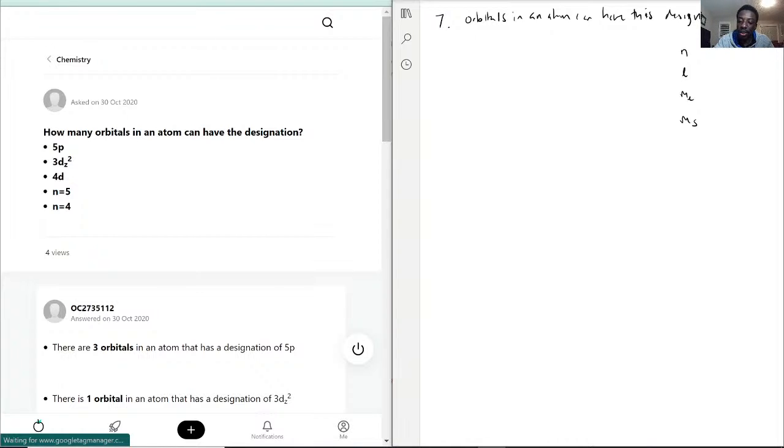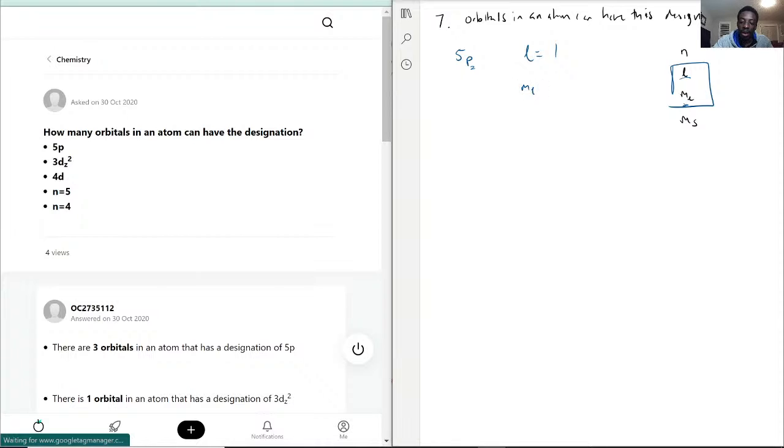Nonetheless, the ones we're focusing on here for this question are the L and ML, okay? Because for 5p, we know it's L because it's a p. Then with ML, p can only have 3 orbitals in it, because L, when it's p, is equal to 1.